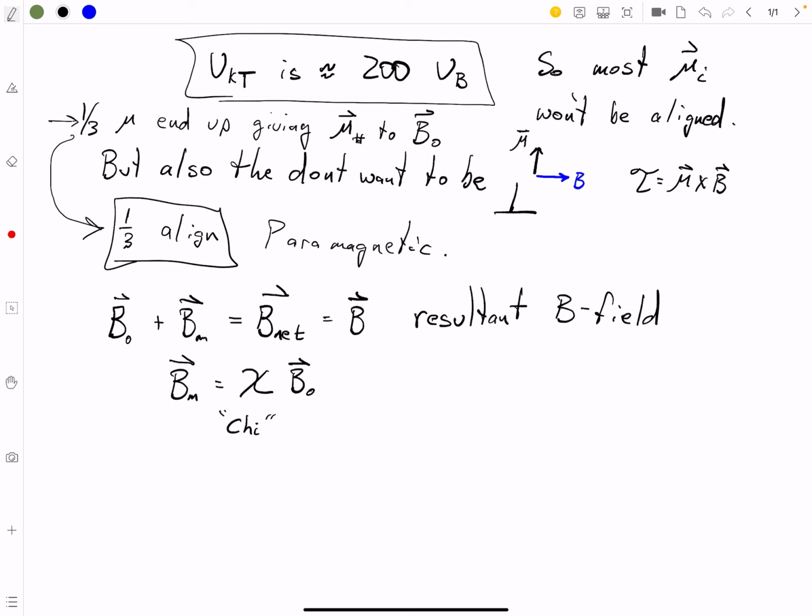It's a linear relationship. Then B is actually equal to B naught plus chi times B naught. And we can then factor it out, and we get 1 plus chi times B naught.